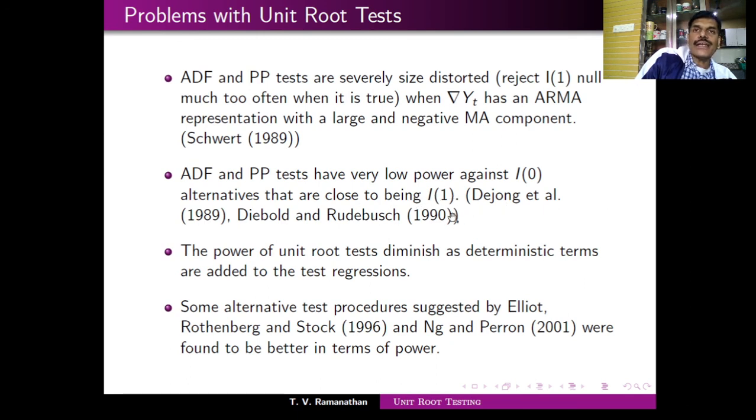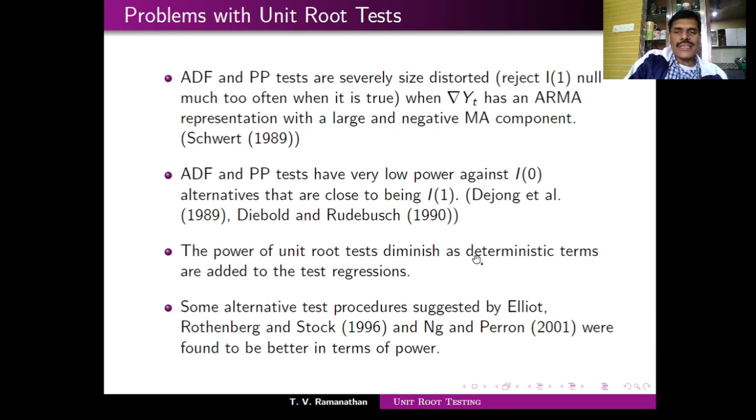This means that when I test phi equal to 1 against phi less than 1, where the actual value is, say, 0.98, then these tests have some problem. This theory is discussed by De Jong and Diebold and Rudebusch in these papers. Anyway, we are not going into those details.